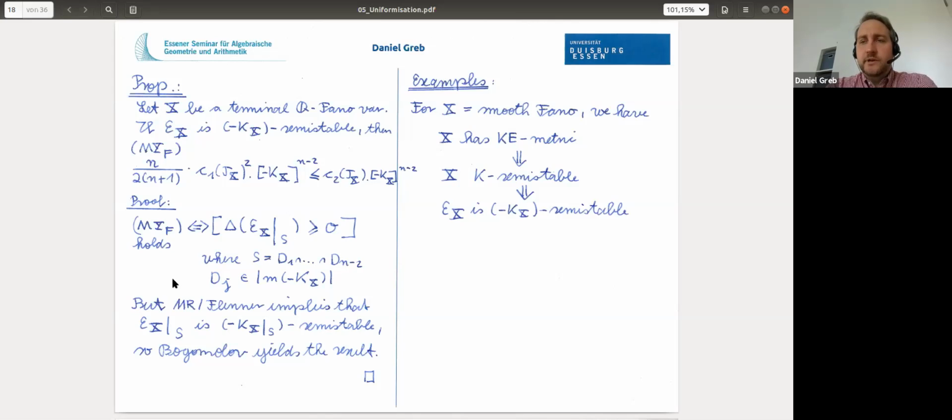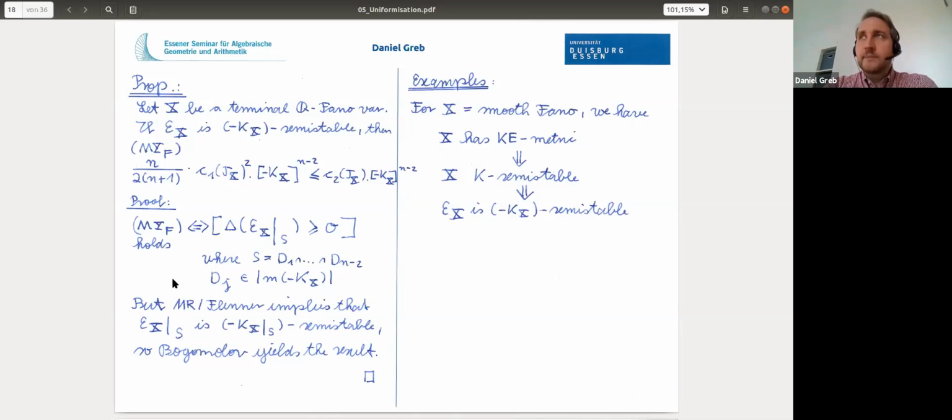so we have the following chain of implications. X has a Kähler-Einstein metric implies that X is K semi-stable. I'm not going to define this, but this in turn implies that this canonical extension is minus Kx semi-stable. So what is the relation between this Kähler-Einstein metric and this extension?